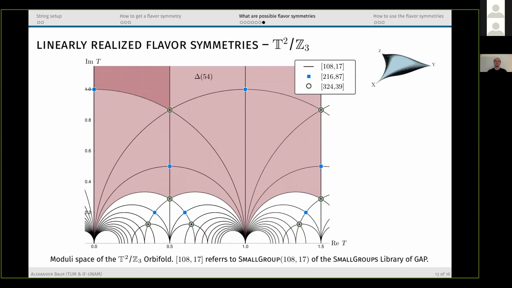So you can more or less say that you have this Delta 54 flavor symmetry and you enhance it by a Z2 CP-like symmetry if you are on those black lines, so if you have assigned the VEV of the modulus to some value which lies on these black lines.